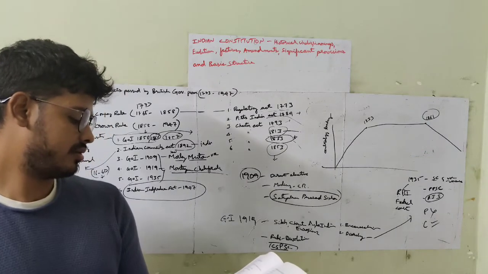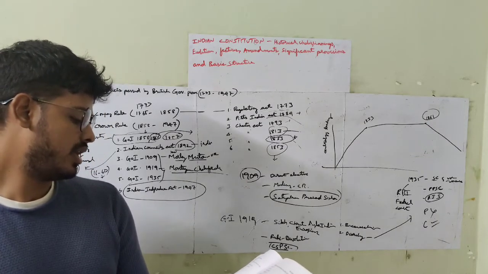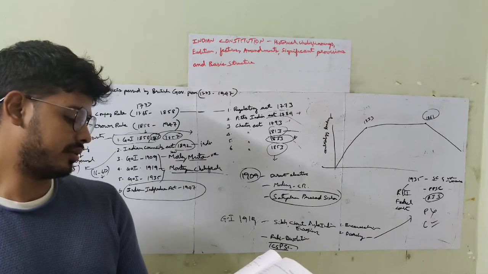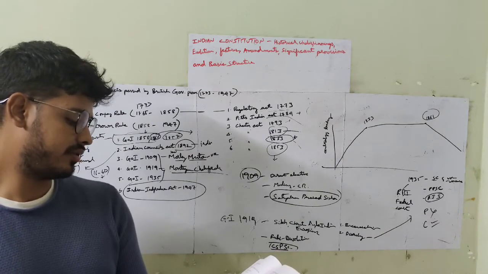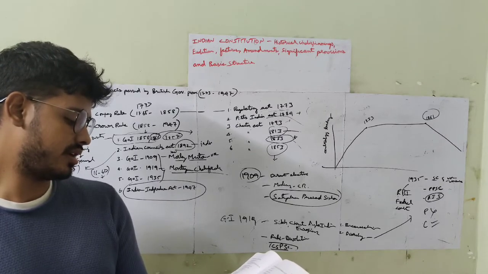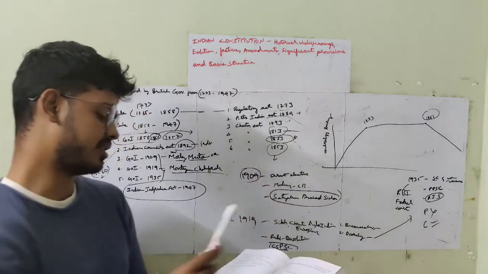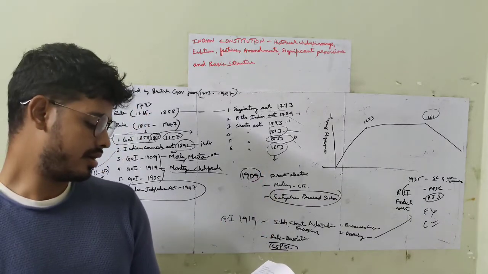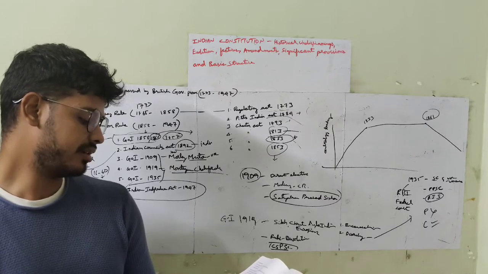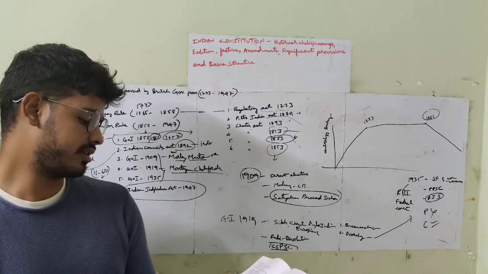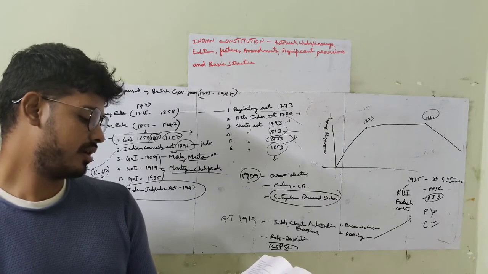B, diarchy, is 4. So diarchy was introduced in 1919. C, communal representation of the Muslims, started in 1909. And D is rigid centralization. Centralization happened in 1861.